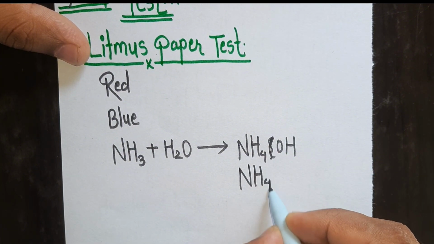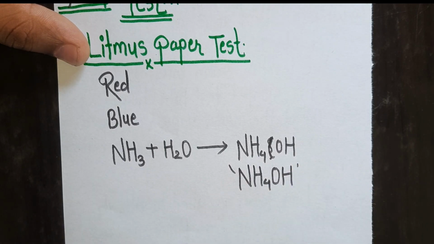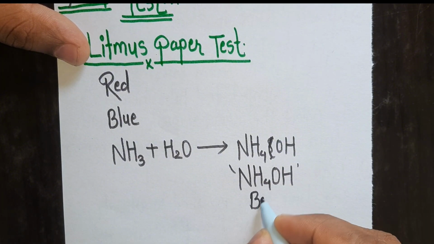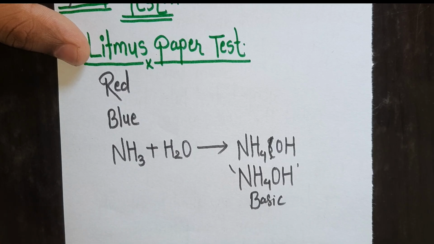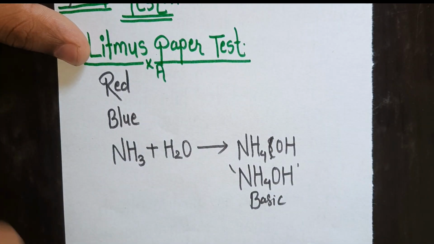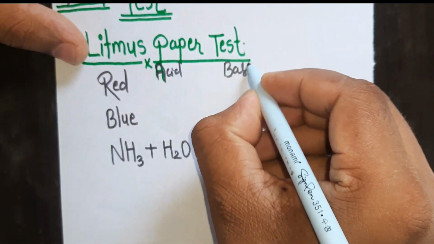NH4OH, okay? See here, NH4OH. Now, sir, what is this NH4OH? Is it acidic or basic? You must be clear that whenever you see the term OH, it is basic in nature. Now let's see here, it is acid and here is base.